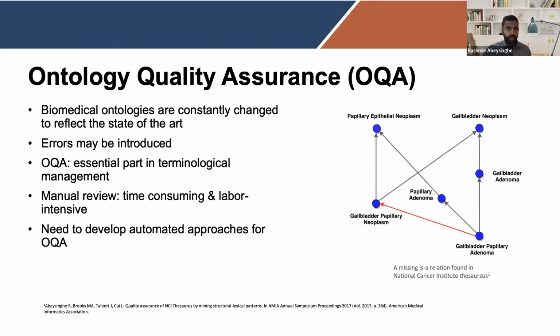Biomedical ontologies are regularly updated to reflect the state of the art. During this process, new concepts are introduced, and existing concepts are enriched, maybe with new relations or annotations. During this process, errors may be introduced as well, even though there are internal quality checking processes, such as the application of reasoners, which ensures the logical consistency of an ontology.